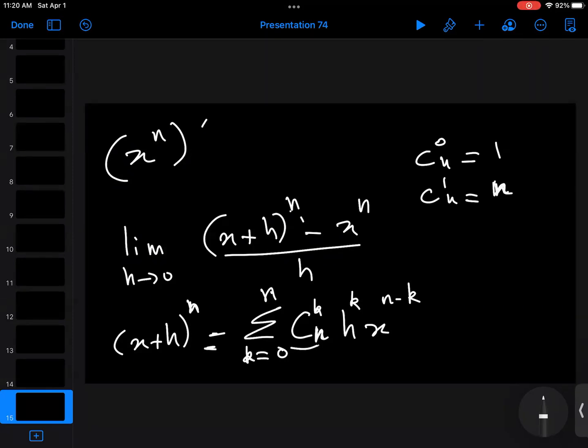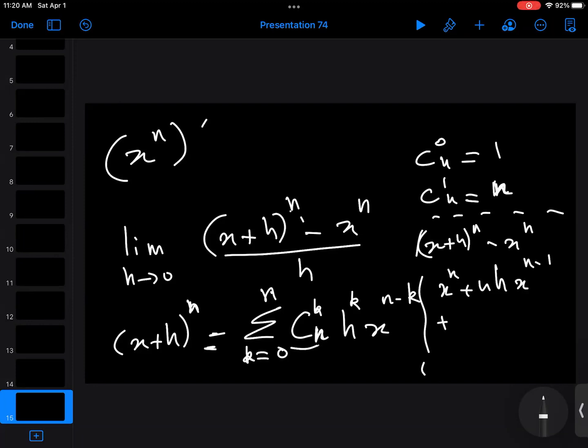Okay, so now let's write something more here. If I write (x plus h) to the power n minus x to the power n, I'm going to first write the first terms. C(0,n) is 1, so the first term is x to the power n. The second term is n h x to the power n minus 1.